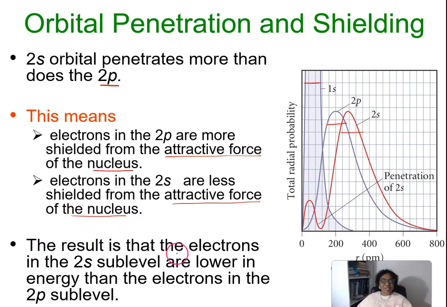The result is that the electrons in the 2s sublevel are lower in energy than the electrons in the 2p sublevel. So that's the result of this penetration.